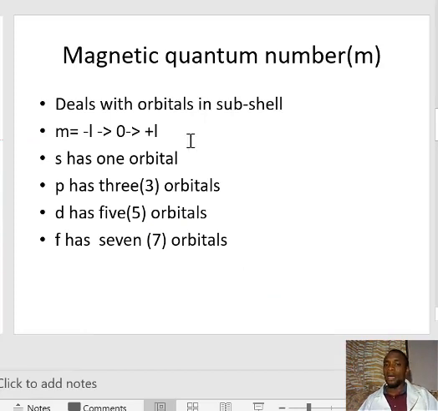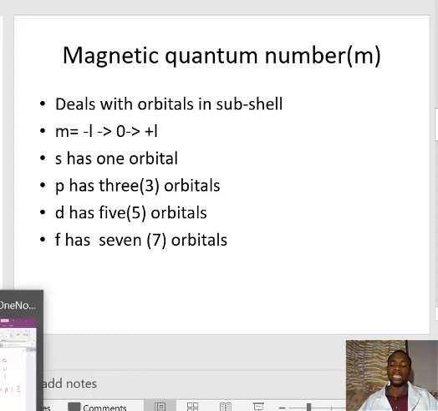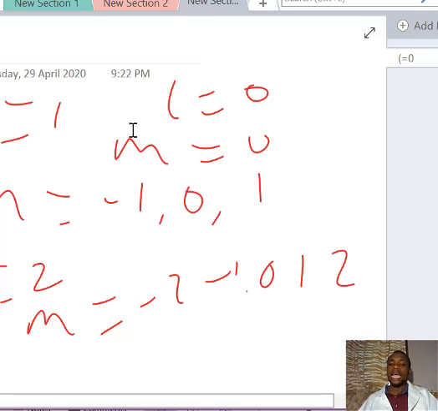So that is how we have the value of M for the magnetic quantum number. Now, S has only one orbital. P has 3 orbitals, and you can check this from the magnetic quantum number. When L equals 0, we have only one value of M, which is 0, meaning one orbital.